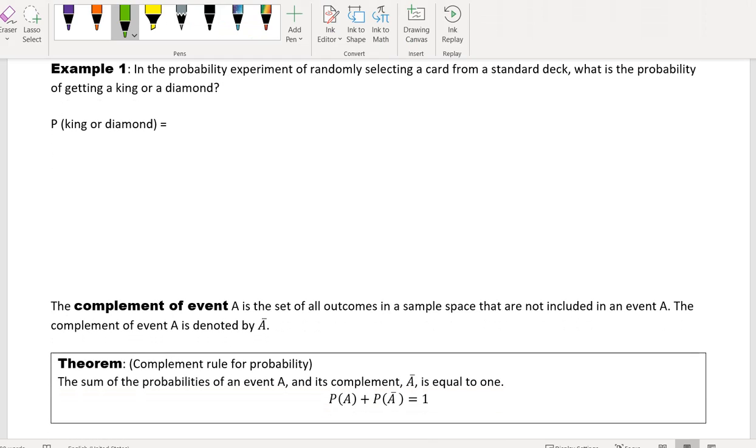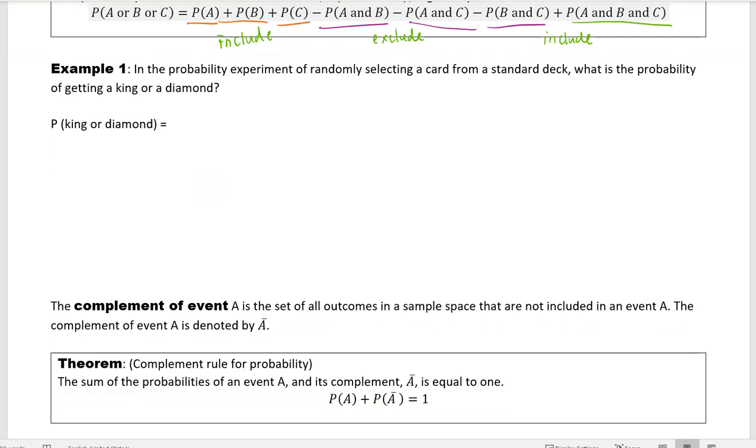Example 1. In the probability experiment of randomly selecting a card from a standard deck, what is the probability of getting a king or a diamond? So king or diamond, we want to use the general addition rule. We ask, is there a card which is a king and a diamond?